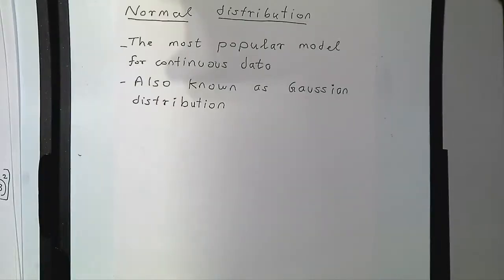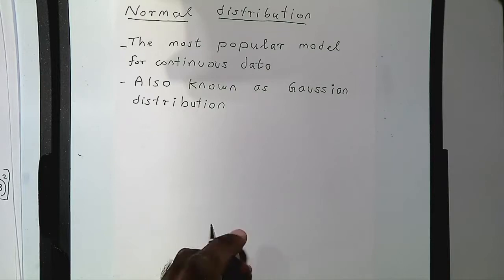The normal distribution is also known as the Gaussian distribution because it was invented by Friedrich Gauss, the German mathematician. It's also known as the Gaussian distribution, especially in the engineering literature. They prefer to call it a Gaussian distribution, whereas we mathematicians and statisticians use the word normal distribution.